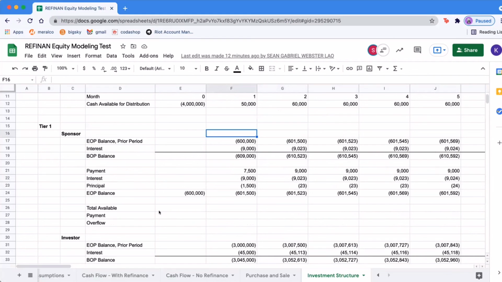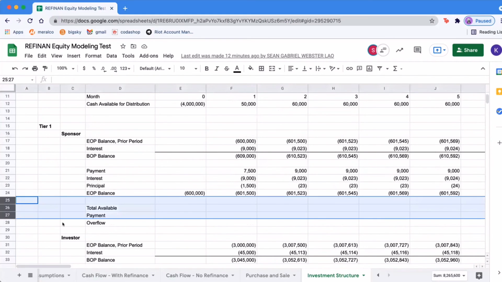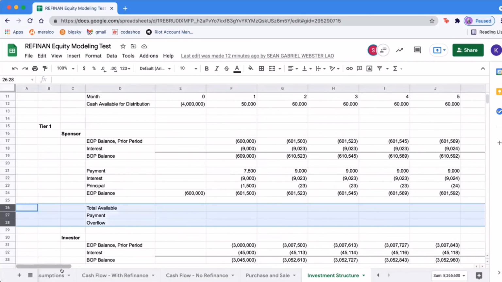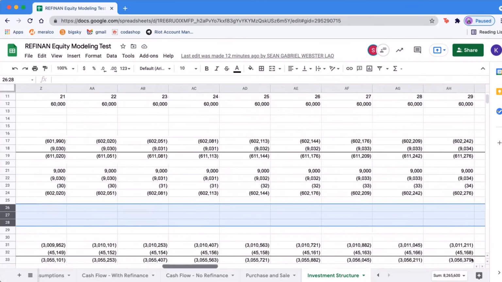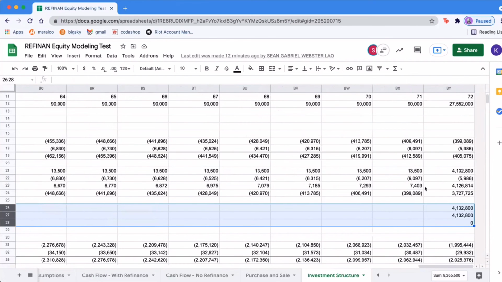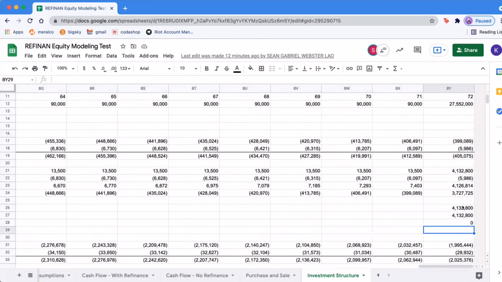Now we have the total available, payment, and overflow. The total available is the cash distributed times 15%, and the payment is the payment amount we got from here. The overflow is just the subtraction of those two, and we got 0.